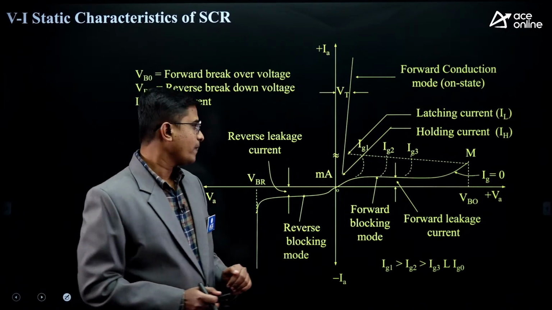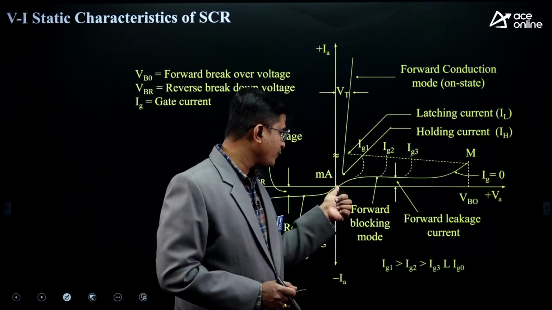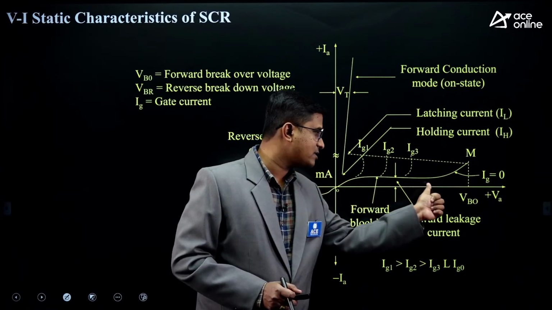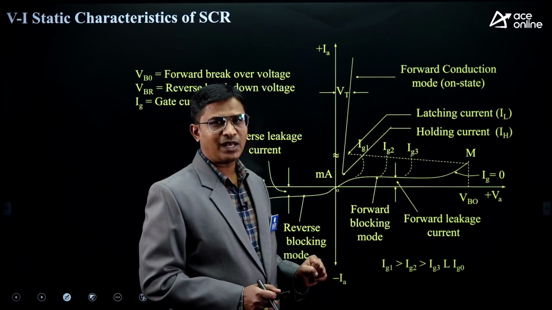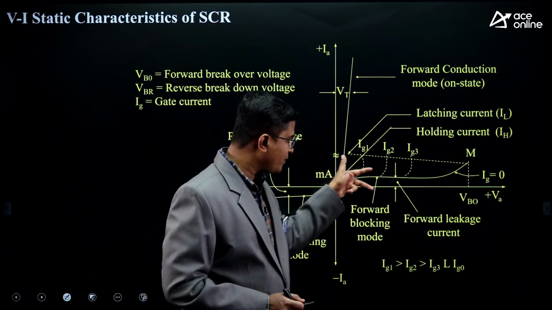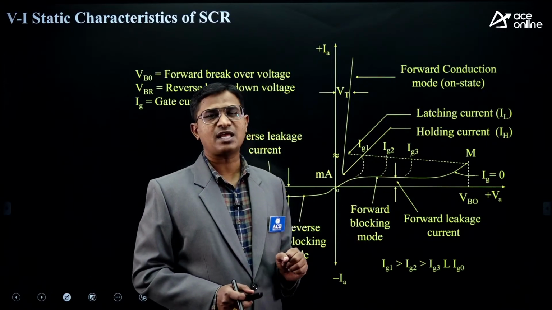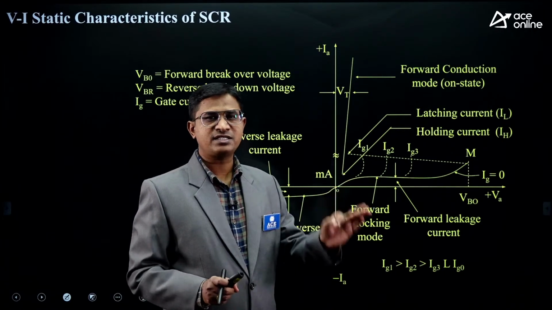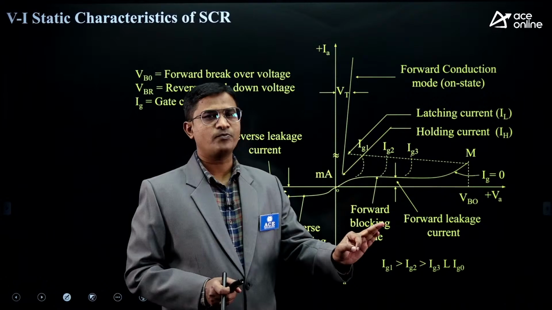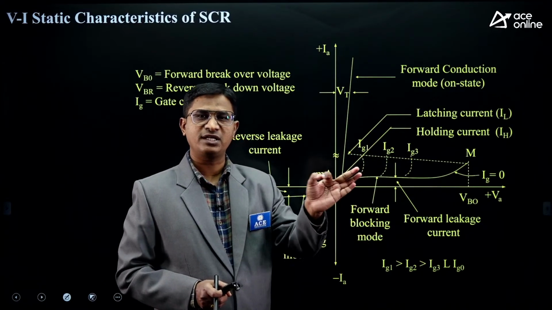Now, as we go on increasing the forward voltage, what will happen? First of all, my device will block that voltage, meaning my device will be in forward blocking mode. Consider initially the gate current is 0, meaning the gate cathode circuit is open.